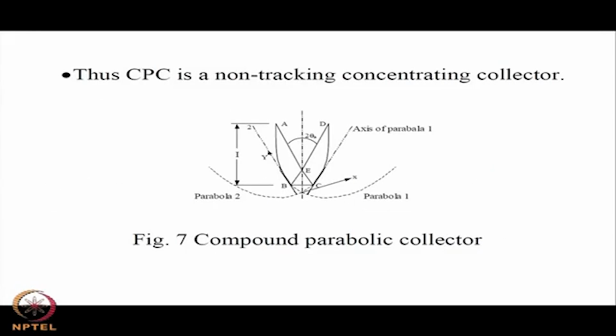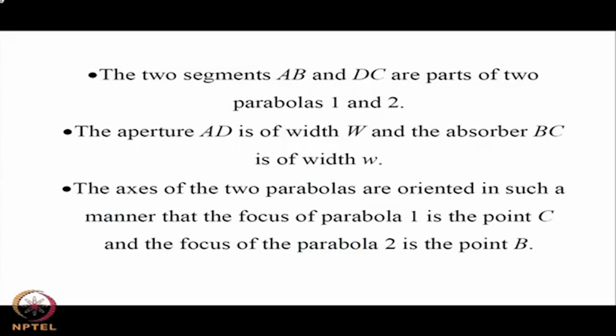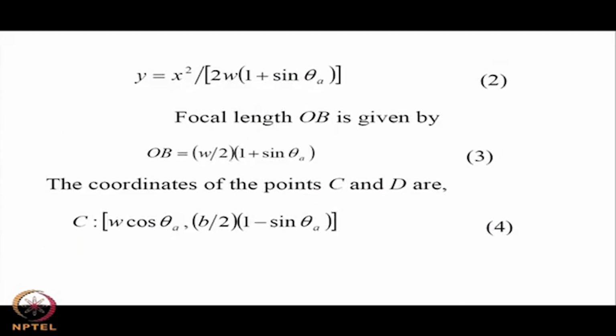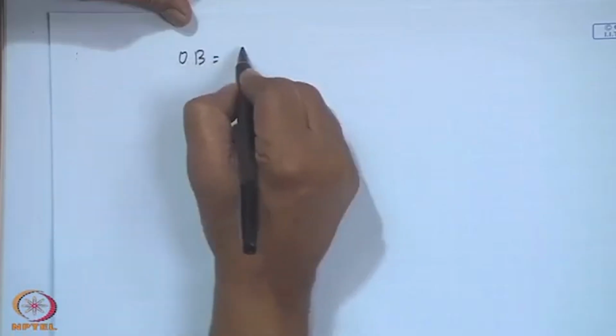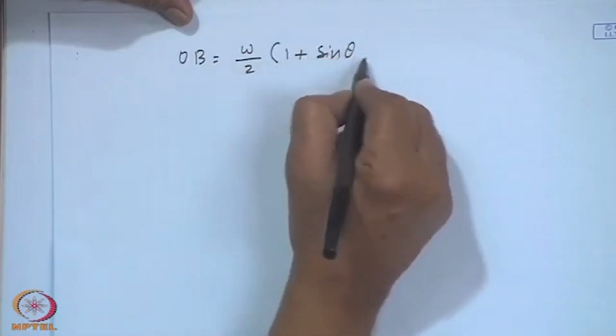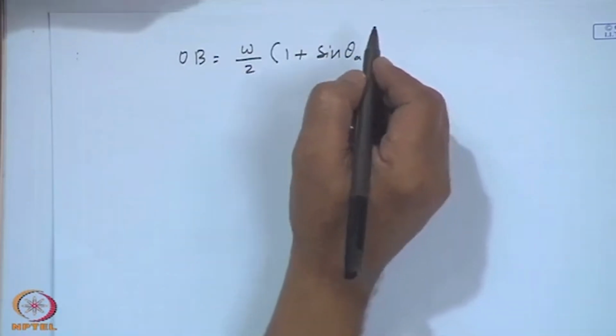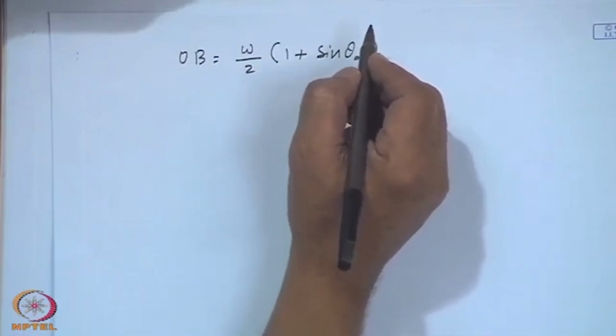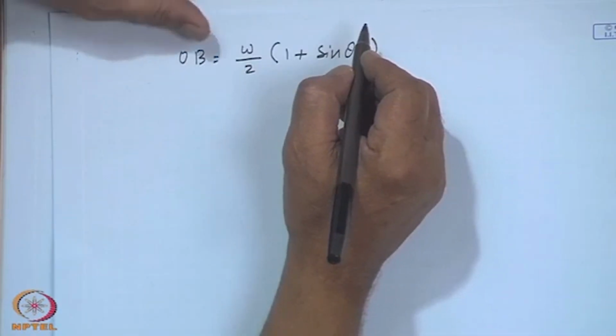O is the origin, where parabola 1 and parabola 2 have the axis, the vertex of the coordinate system. Simple trigonometric calculation will show you that OB will be equal to W by 2 times 1 plus sin theta A.